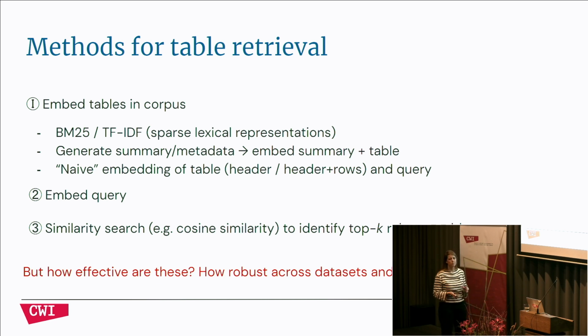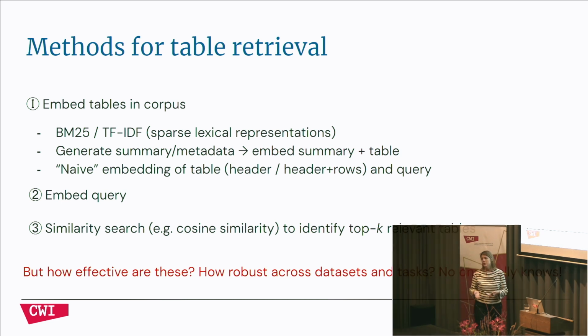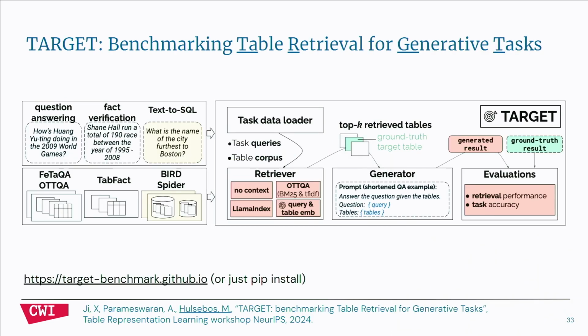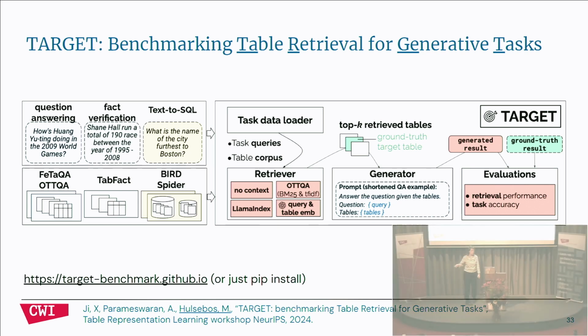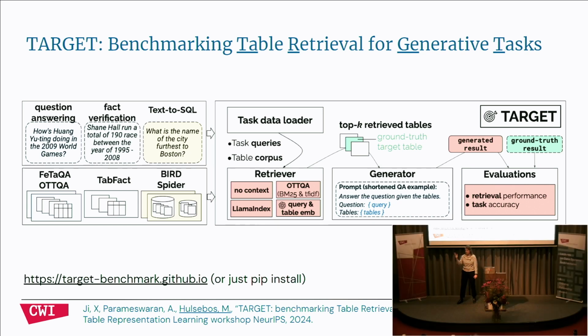The question is, given the existing approaches, which are quite basic at the moment, we don't really know how effective these are. So what we then do is, of course, build a benchmark for it. So we built Target at Berkeley, and this is a benchmark to evaluate retrieval of tables for downstream generative tasks: SQL generation, question answering, and fact verification as well.